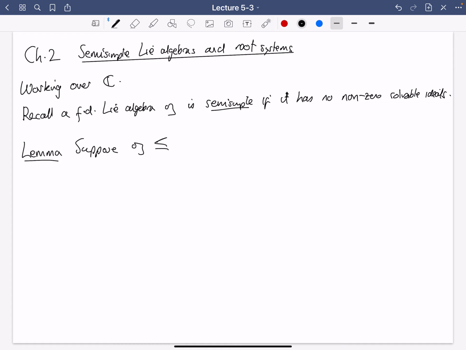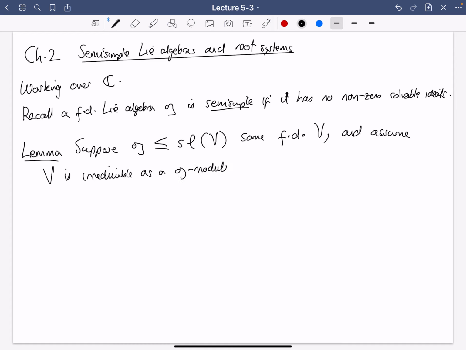It simply says: suppose that G is a subalgebra of the special linear Lie algebra, the trace 0 endomorphisms of V under commutator, for some finite dimensional V. And assume that V is irreducible as a G module, and so G acts irreducibly on the vector space V. Then the Lie algebra G is a semi-simple Lie algebra.